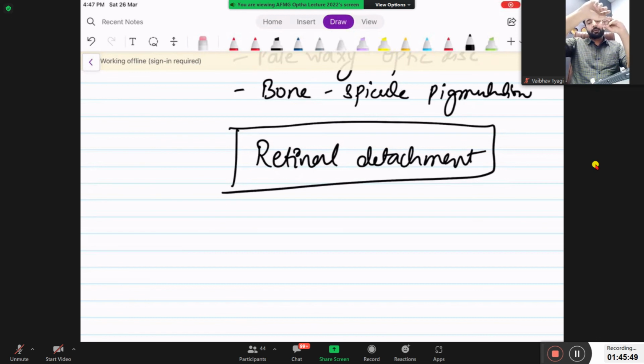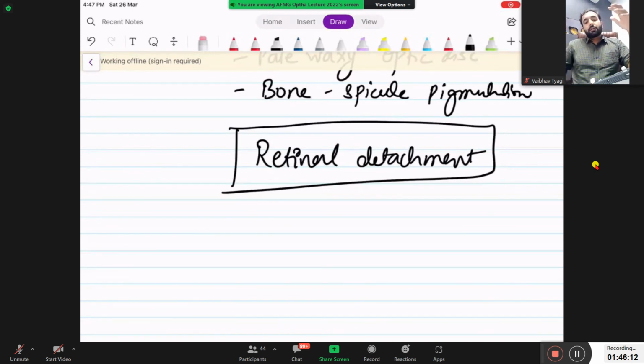Now, if this process is limited to only the macula, then it is called CSR. But if this process is present all over the retina, then that is called retinal detachment.